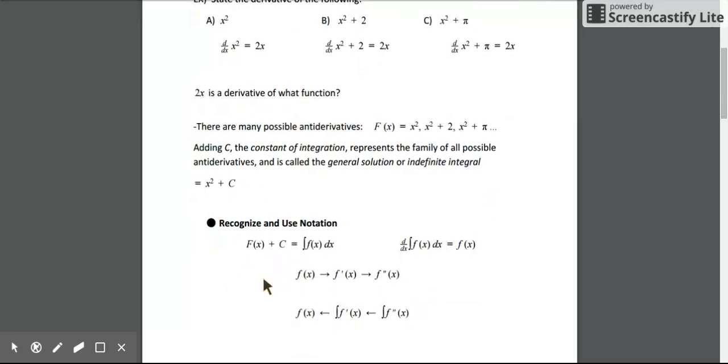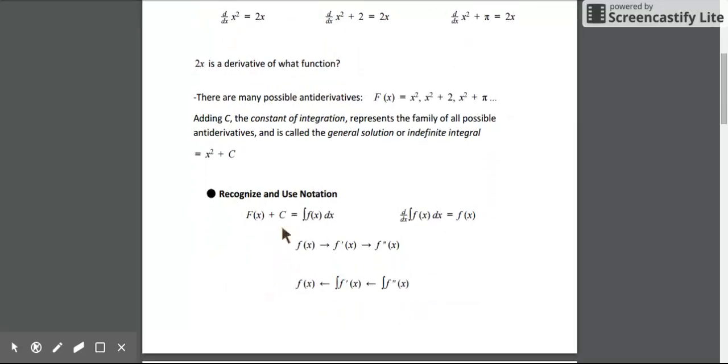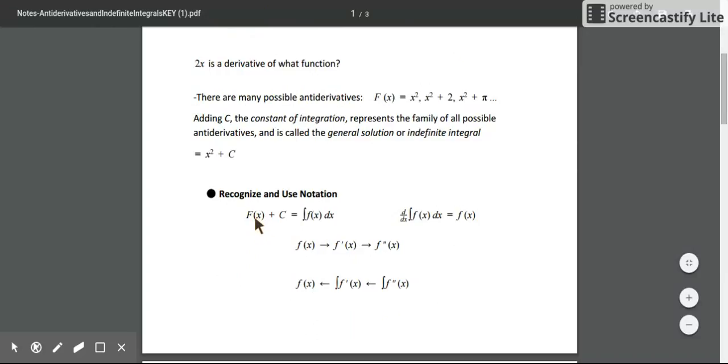So let's take a look at some more notation that we're going to have to be familiar with. That capital F of x is the antiderivative. If I add my constant of integration to my antiderivative, it represents my indefinite integral. And here's another way to represent the indefinite integral using a symbol called an integrand.